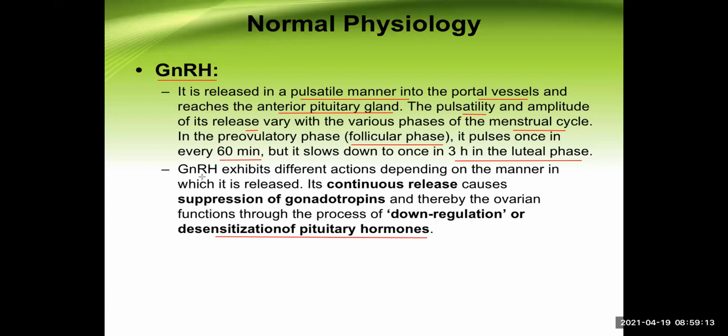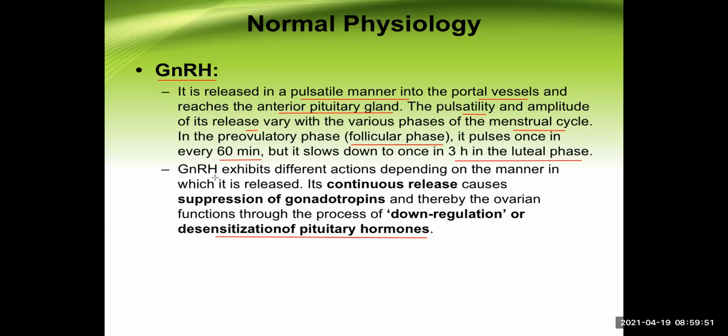If we convert this pulsatile release into a continuous release by giving some GnRH agonist drug, which are commercially available, then rather than stimulation of the release of gonadotropin, they lead to suppression of the gonadotropin release. There will be no FSH, there will be no LH, and it leads to decreased estrogen production, which we want in the clinical practice in the treatment of certain conditions.